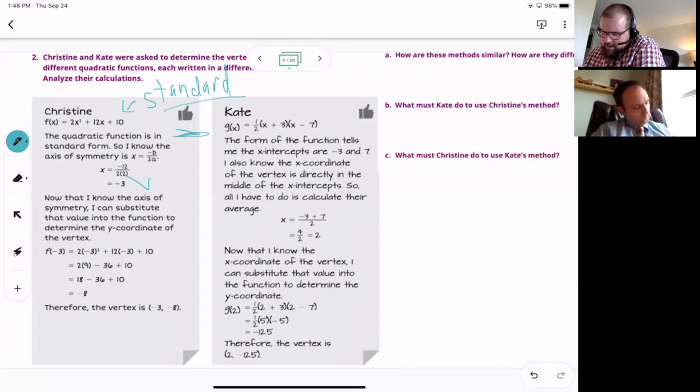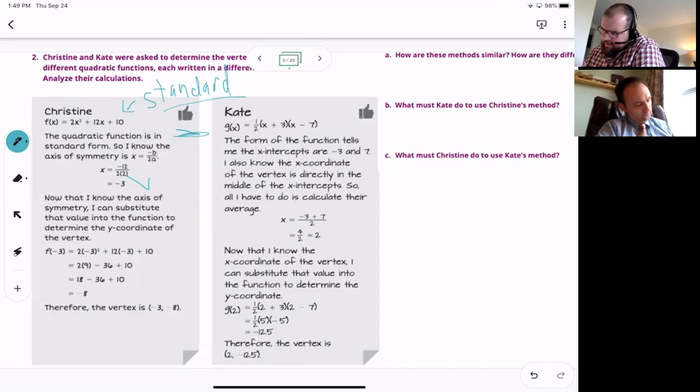That's the middle, and got 2 as the answer for that. And then took that 2 and plugged it back in to get the vertex. I really like that both of them found the vertex in that way at the end, where they used different methods to get the x values, but then both of them plugged that in to find the y values.